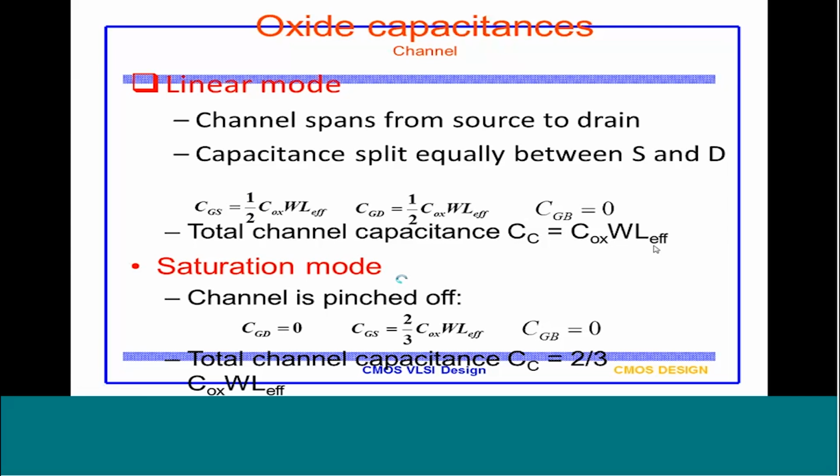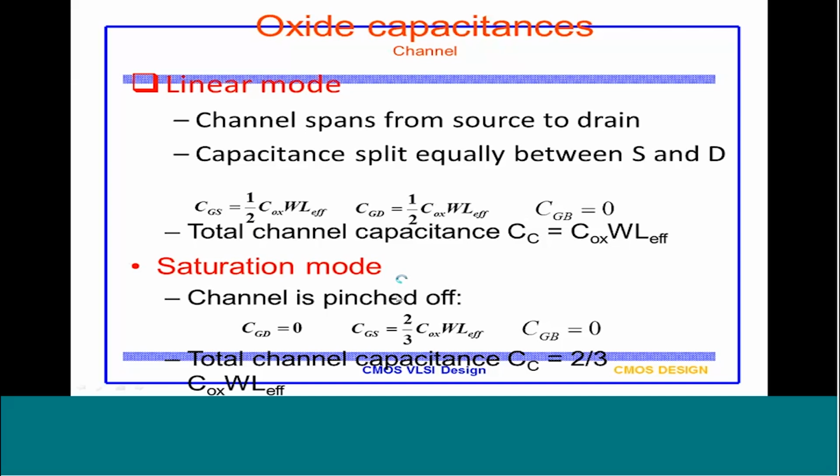However, in saturation mode we see that the channel is pinched off. So actually in saturation mode the oxide capacitance goes lower, because the capacitance exhibited by gate to drain is 0. Why 0? Because there is no channel here.